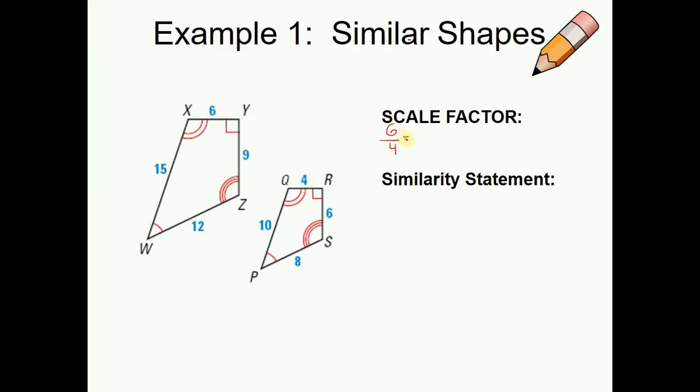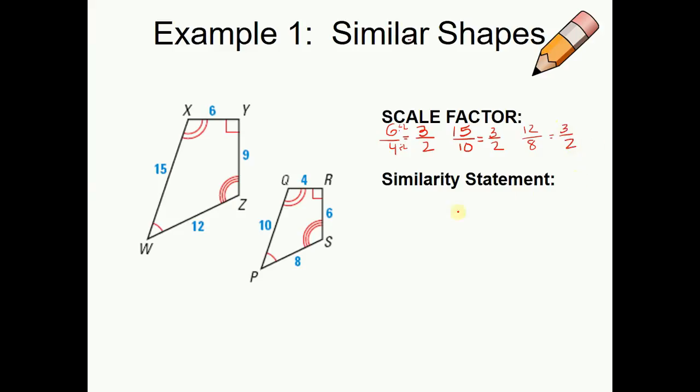That does simplify. Divide them both by 2, that would be 3 over 2. Now let's go 15 over 10. See if that simplifies down. Both divisible by 5, so that'd be 3 over 2 as well. 12 over 8, both divisible by 4. That's 3 over 2.